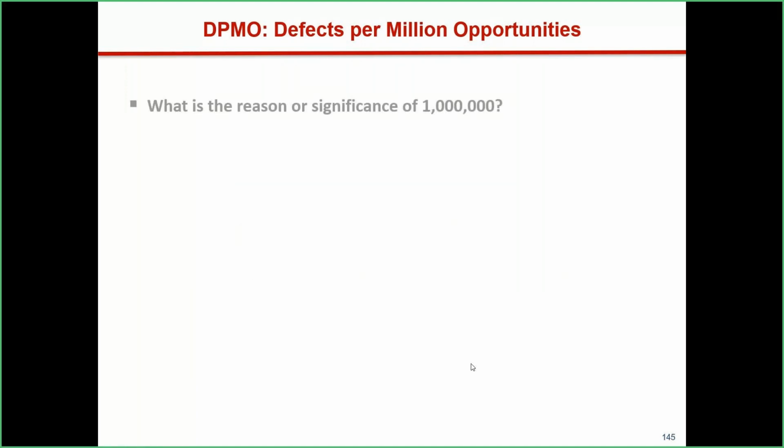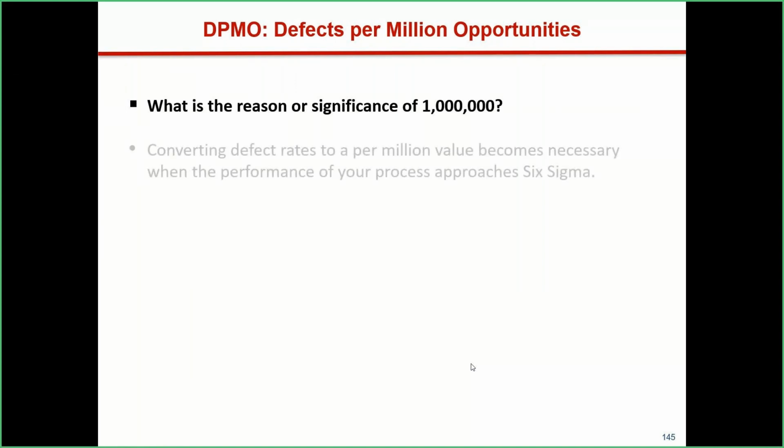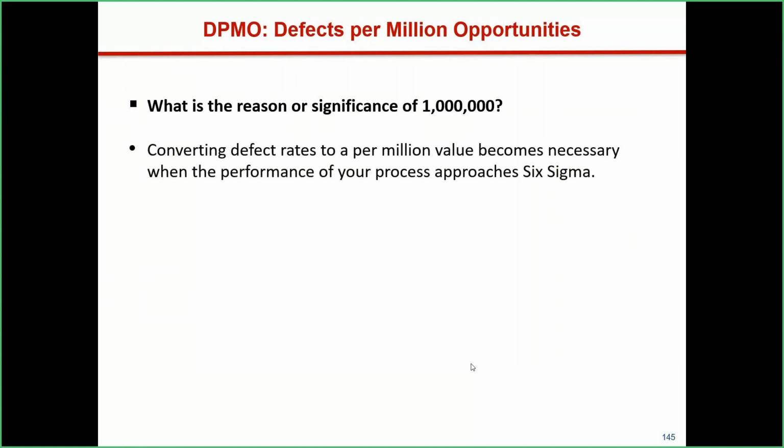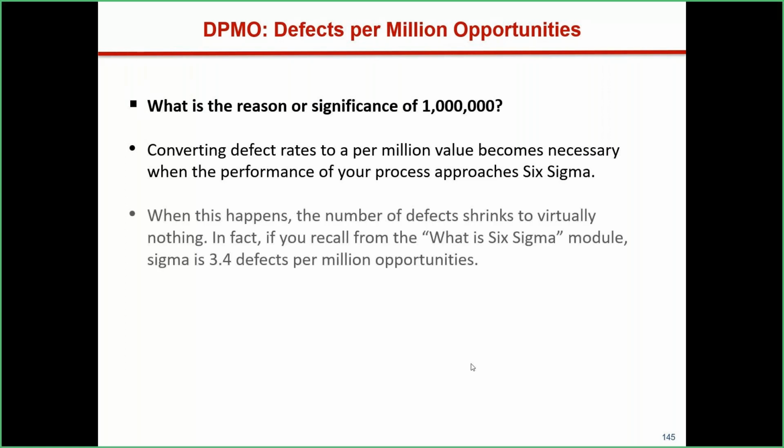So what is the reason or significance of 1 million? Converting defect rates to a per million value becomes necessary when the performance of your process approaches Six Sigma level. When this happens, the number of defects shrinks to virtually nothing.